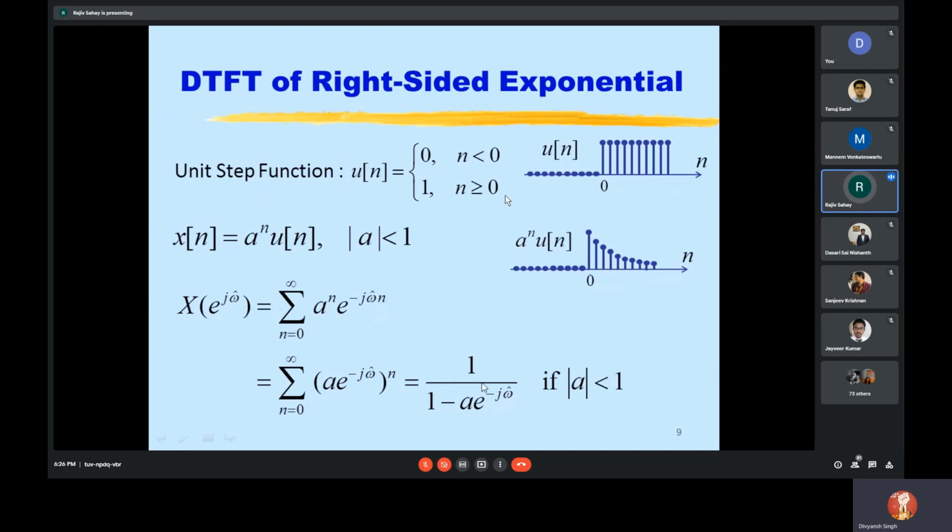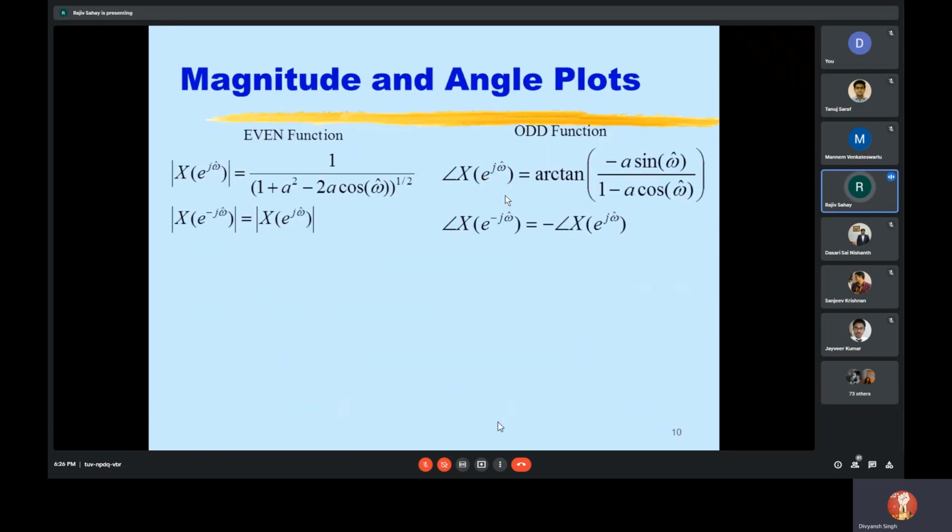So this is the geometric ratio, and you can find this formula. This formula is a closed form expression only when mod of a is less than 1. If mod of a is greater than 1, then this formula does not converge, so you will get infinity as the answer. Okay, is this clear?